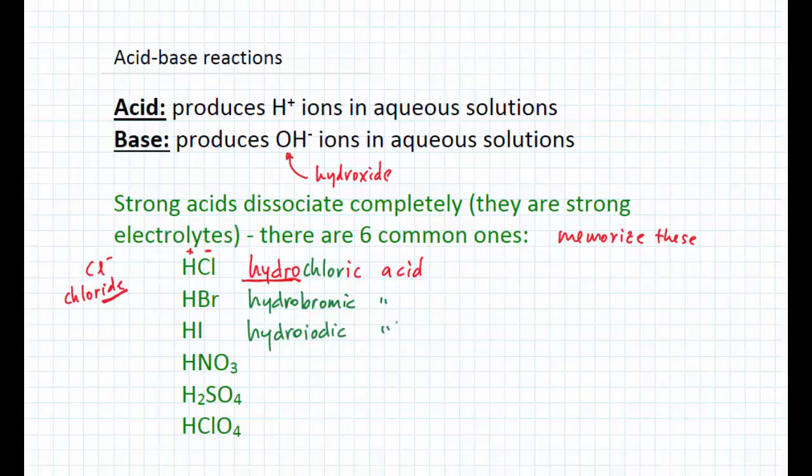All right. Now, we got a different ending when we have a polyatomic ion, right? NO3 is nitrate. Okay. So these are the regular ic acids with no hydro. Okay. So HNO3 would be called what?